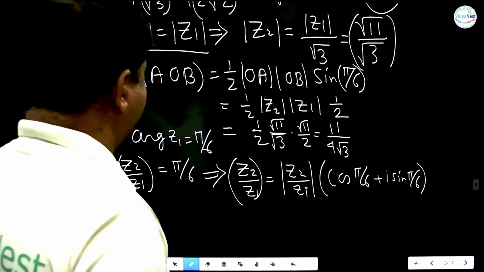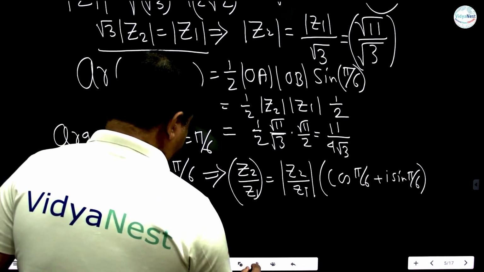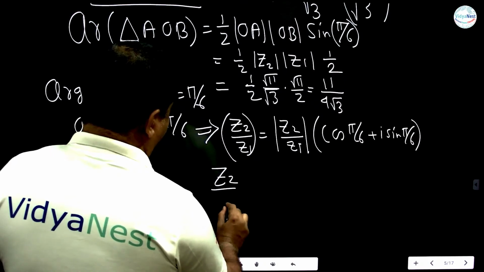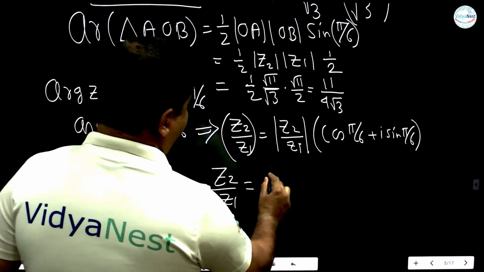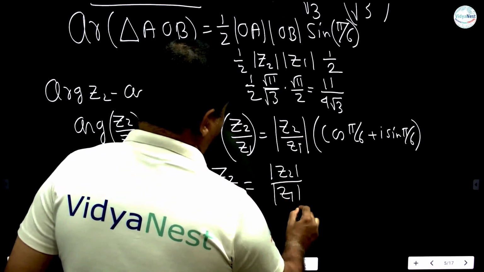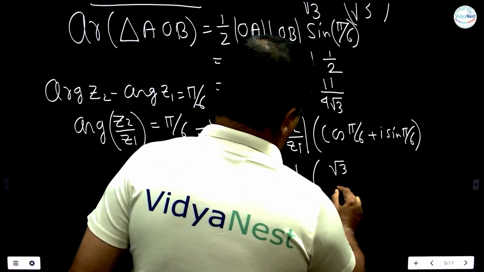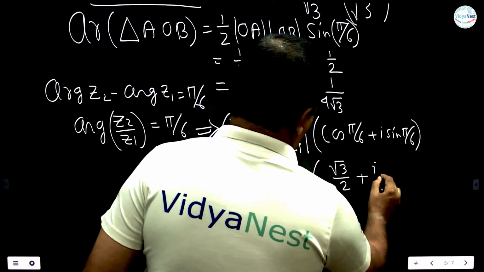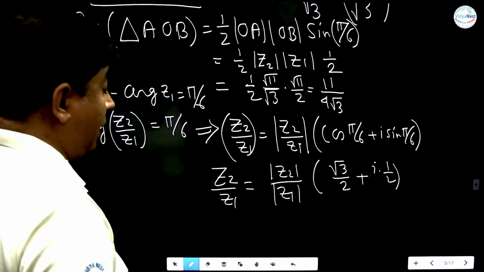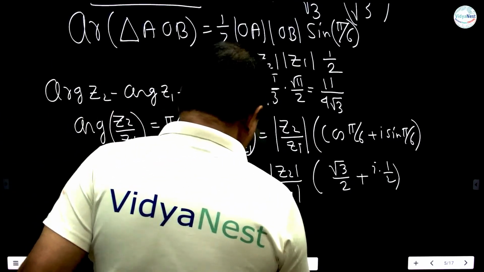So, Z2 by Z1, what it is? Mod Z2 by mod Z1. Cos pi by 6 is what? Root 3 by 2, sin is half. How Z2 and Z1 are related?